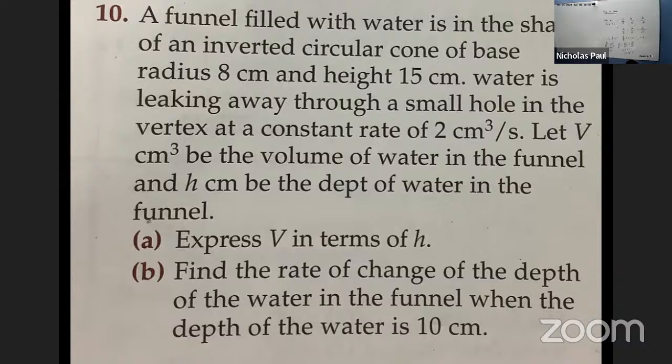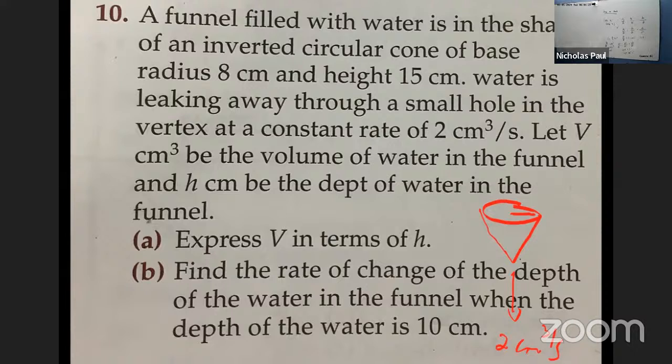Express V in terms of H. How are we drawing that in the first place? You have a cone, put in the radius. Oh, sorry, it's not leaking in, the water is coming out at 2 centimeters per second.